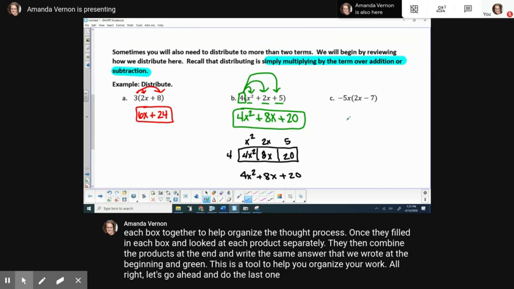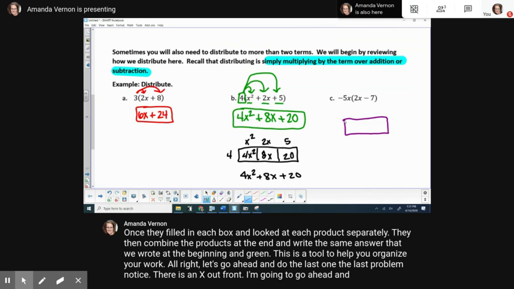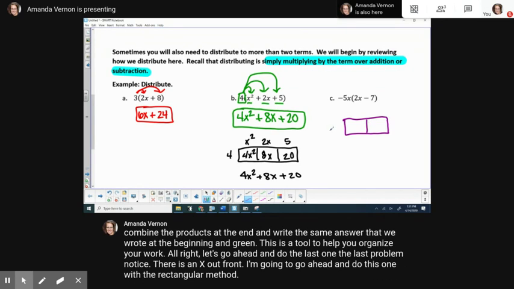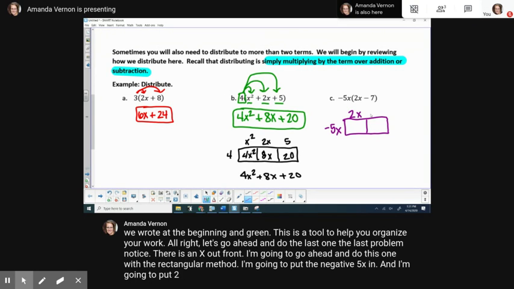The last problem, notice there is an x out front. I'm going to go ahead and do this one with the rectangular method. I'm going to put the negative 5x in front, and I'm going to put 2x and minus 7 on the spots above each box. Next, I'm going to do the multiplying.